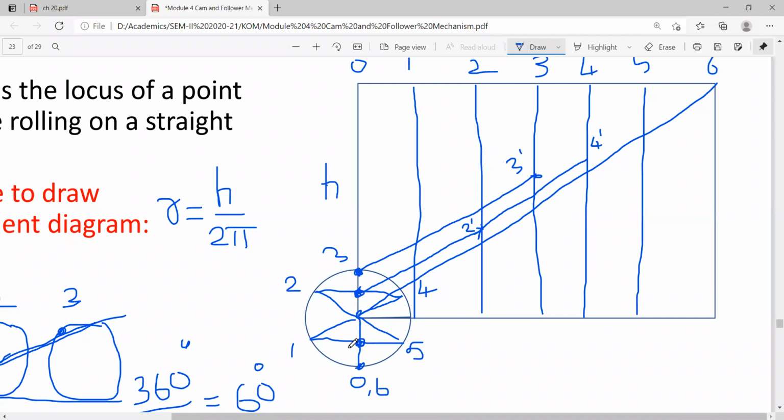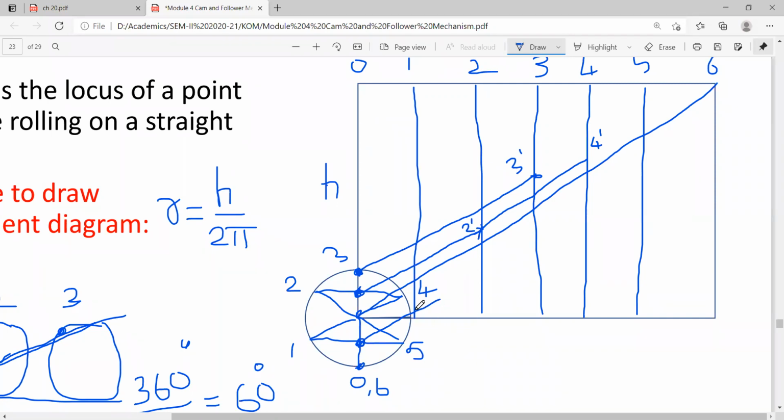Then which points are remaining? Point 1 and 5 are on this vertical diameter. So from here you start drawing a line which is parallel to the diagonal. Which line should cut 1 and 5?